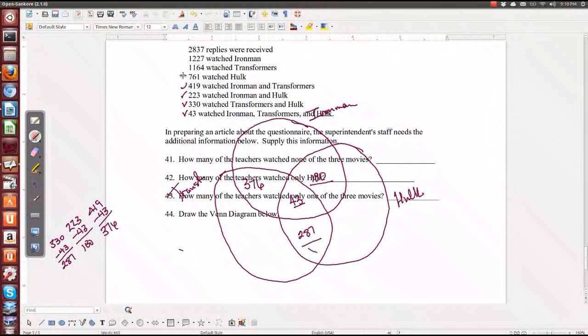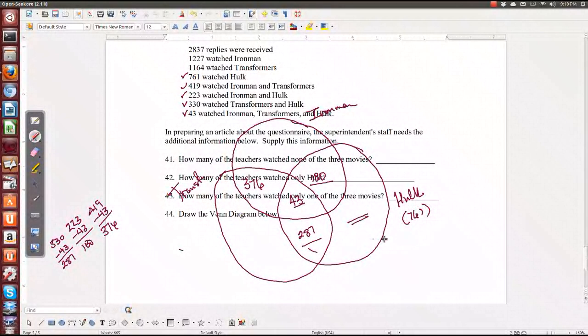So now I need to determine what happens in these non-overlapping regions. In other words, this region here, where the people only watched Hulk. I know that this whole circle has to add up to 761.